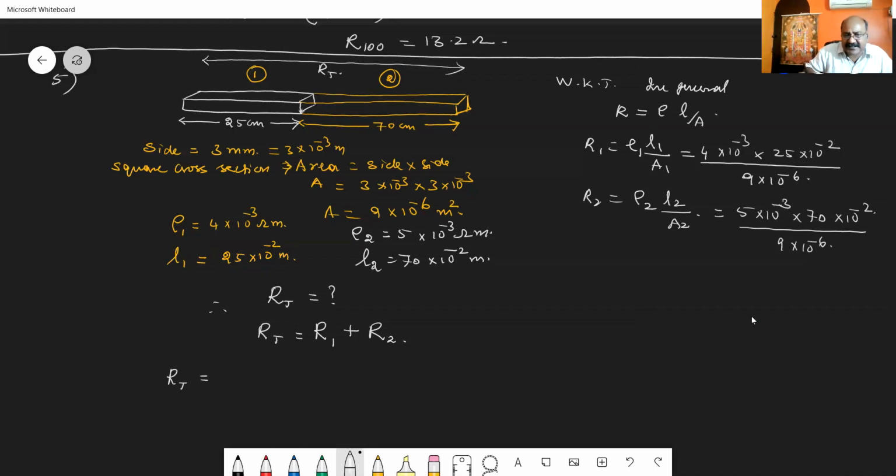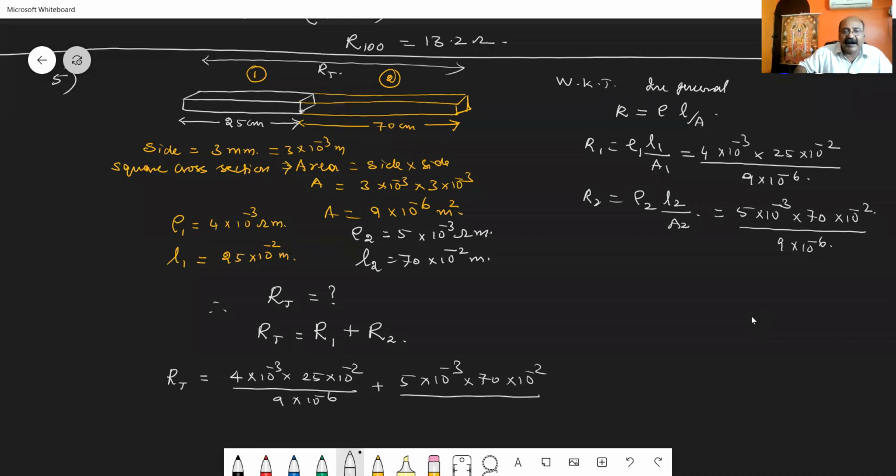Total resistance is equal to R1. I can take 4 into 10 to the power of minus 3 into 25 into 10 to the power of minus 2 divided by 9 into 10 power minus 6 plus 5 into 10 to the power of minus 3 into 70 into 10 to the power of minus 2 whole divided by 9 into 10 power minus 6.